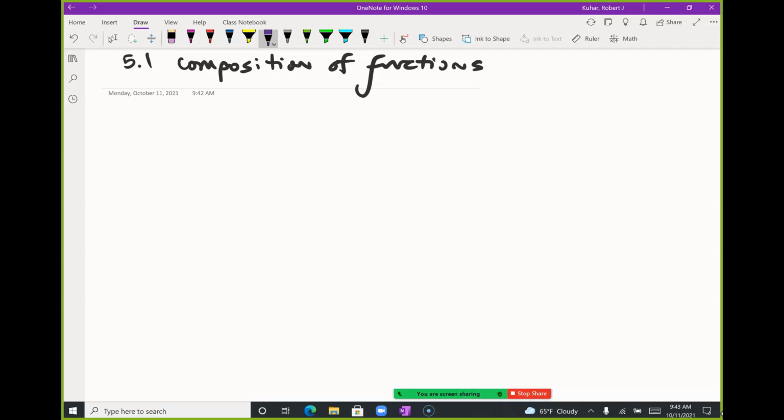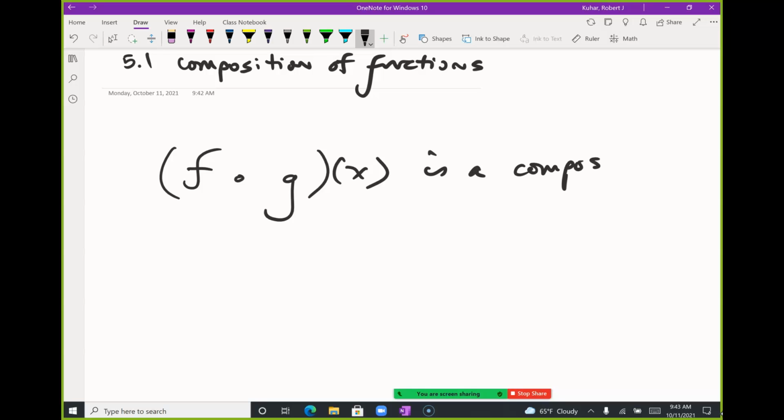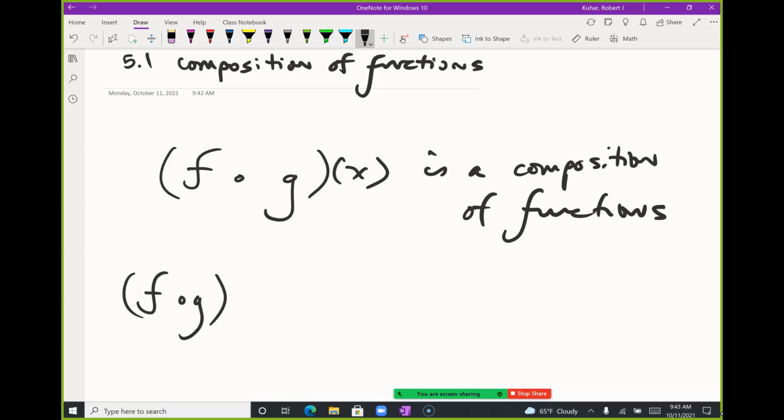Okay, so what we're talking about is composition of functions. f composed of g of x is a composition of functions. And this is the notation that the book uses, that MathXL uses. I don't like it. Okay, so f composed of g, that little composed symbol, it's like a hollow circle, right?